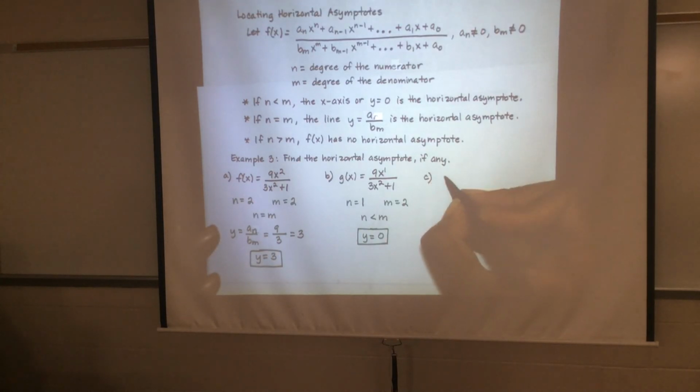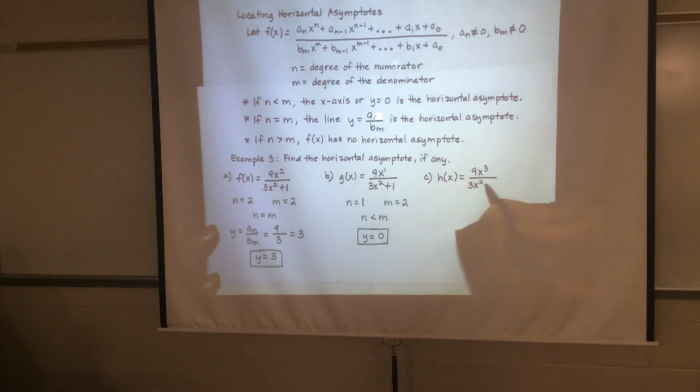And then finally part C. H of x is equal to 9x cubed divided by 3x squared plus 1. Identify the n and the m. The n is the highest exponent in the numerator. That will be 3. Your m is the highest exponent in the denominator. That's going to be 2.